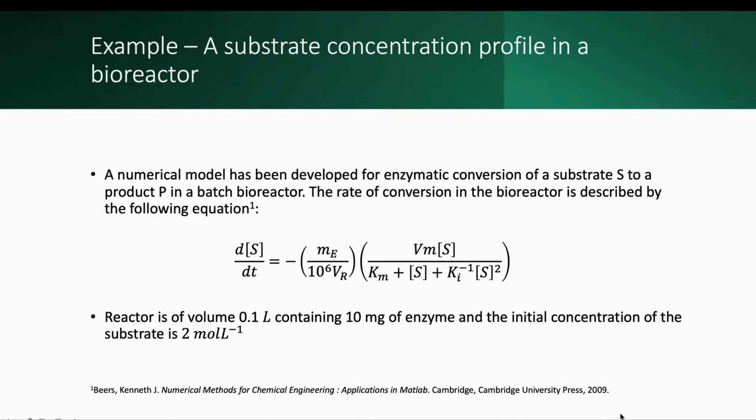Let's look at an example. A numerical model has been developed for enzymatic conversion of a substrate S to a product P in a batch bioreactor. The rate of conversion in the bioreactor is described by the following equation.